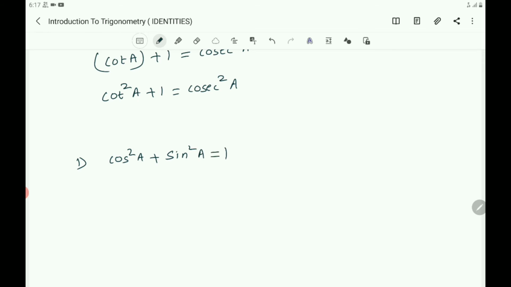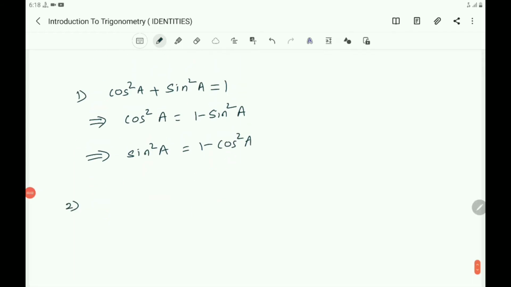We can convert this identity according to the situation. You know that this implies cos square a equals 1 minus sin square a, and also this implies sin square a equals 1 minus cos square a.